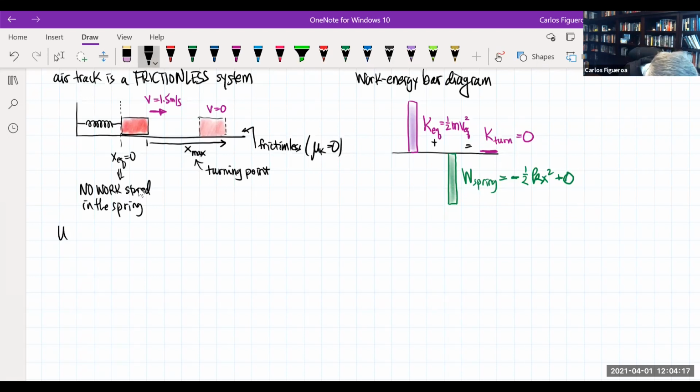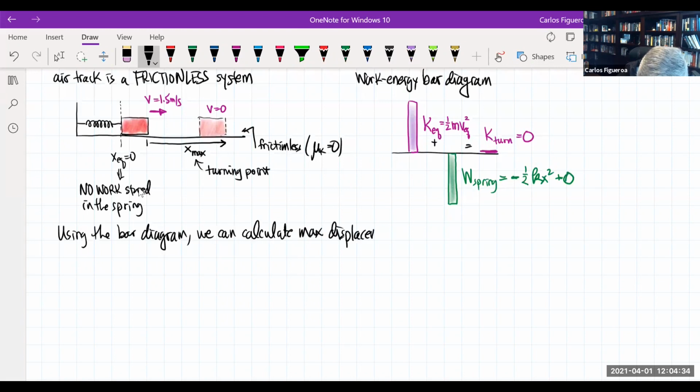So now, using the bar diagram, we can calculate the maximum displacement from equilibrium.